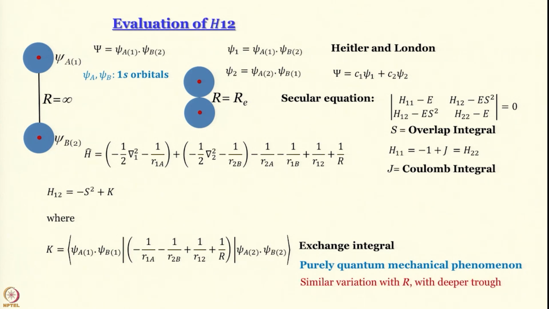Okay. Now, the variation of K with capital R, working this out is more complicated, so I will not even write the expression, but it is similar to that of J, the Coulomb integral. It is just that the trough is much deeper.